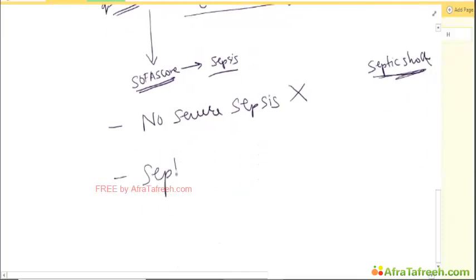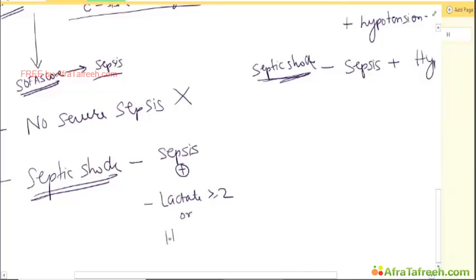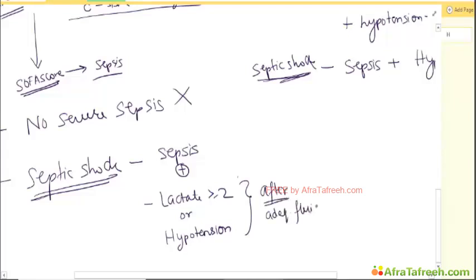The septic shock now has been changed, and it says a patient with sepsis, sepsis plus a lactate of more than 2 or hypotension, either of them, after adequate fluid resuscitation.